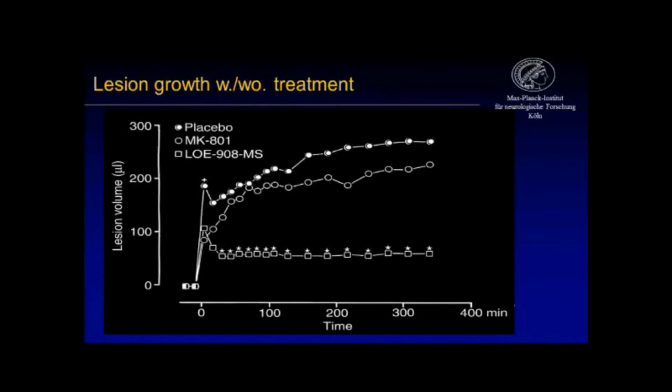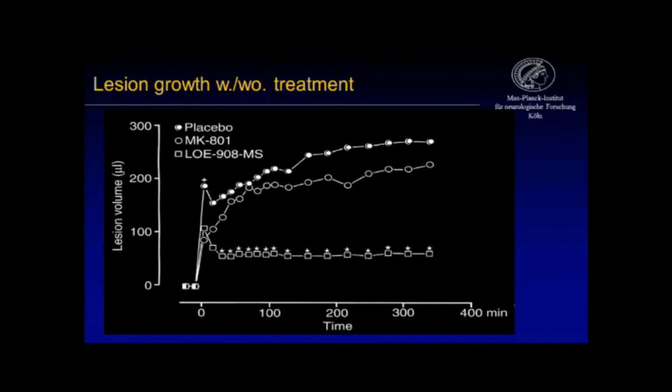You can use this volume expansion information that you learn from non-invasive imaging to learn something about various drugs and treatment modalities. This is shown here in principle. You see the lesion volume measured from the diffusion-weighted images over time, and in the untreated animal, you see this rapid expansion of the affected lesion volume, and then a stagnation after a few hours.